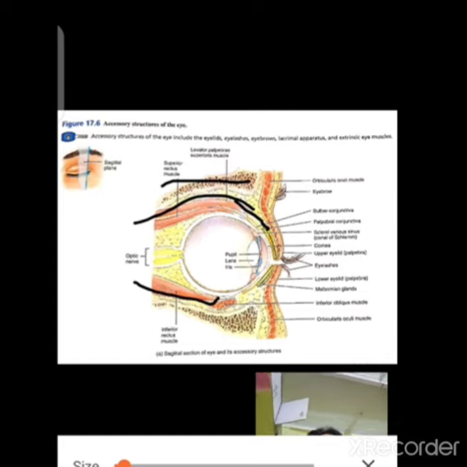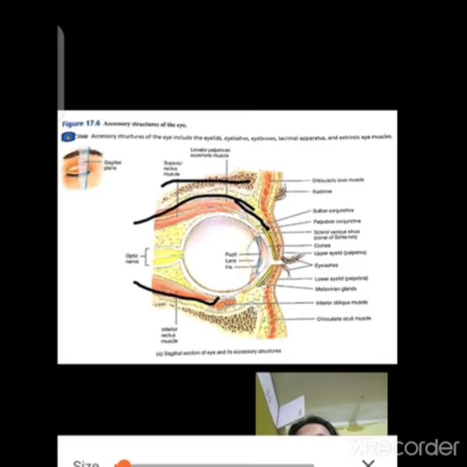Okay, so 6 extrinsic eye muscles move each eye: the superior rectus, the inferior rectus, the lateral rectus, the medial rectus, the superior oblique, and the inferior oblique.